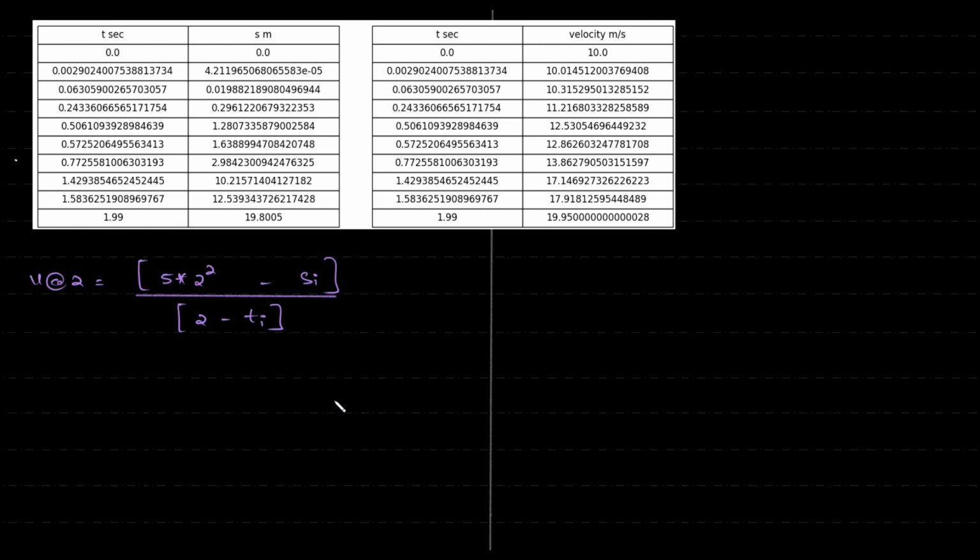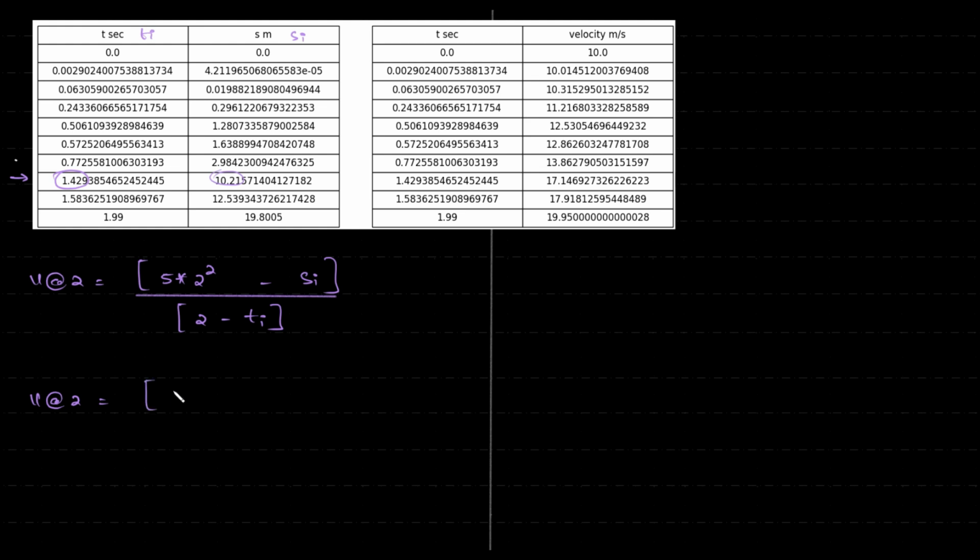So where are we getting this ti and si from? This is your ti and that's your si. Let me take up a random example, say 1.43. So I'm finding the velocity with the help of this particular value. At this time, this is the distance traveled.